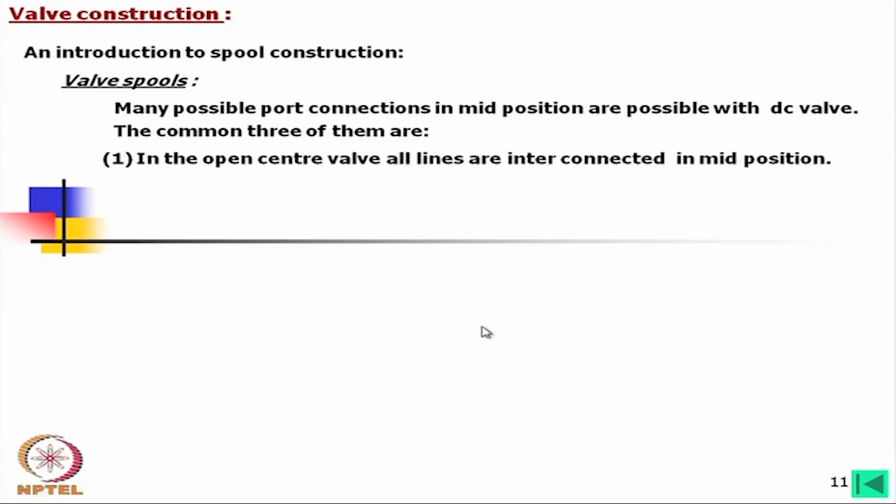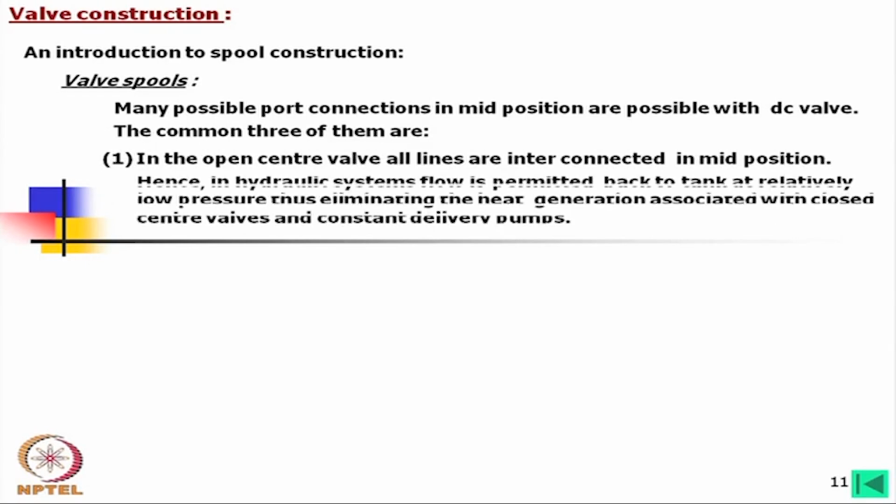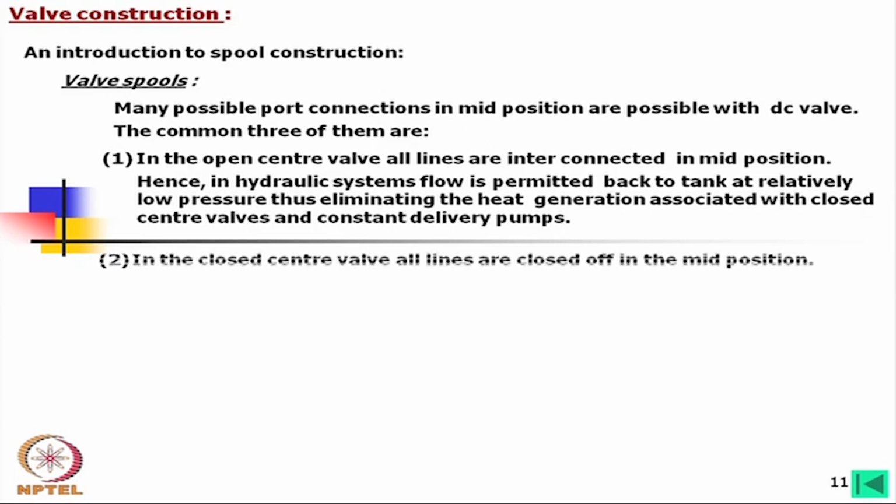In the open center valve, all lines are interconnected in mid positions, that we know. Hence, in hydraulic systems flow is permitted back to tank at relatively low pressure, thus eliminating the heat generation associated with closed center valves and constant delivery pumps.